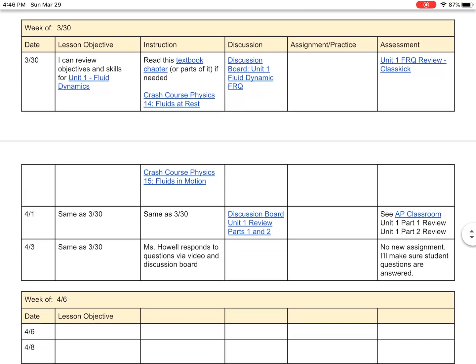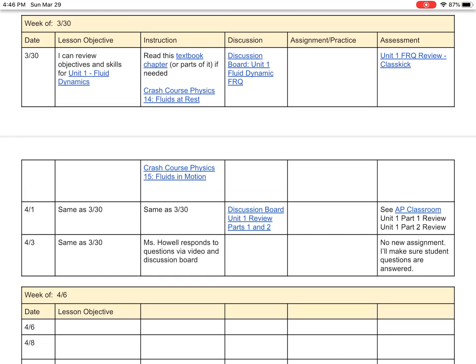And now, the week of March 30th, we are going to turn our attention to reviewing for the AP exam. Again, optics, I found out, will not be on the AP exam. So we're just going to sort of cut bait and focus on what we know will be tested.